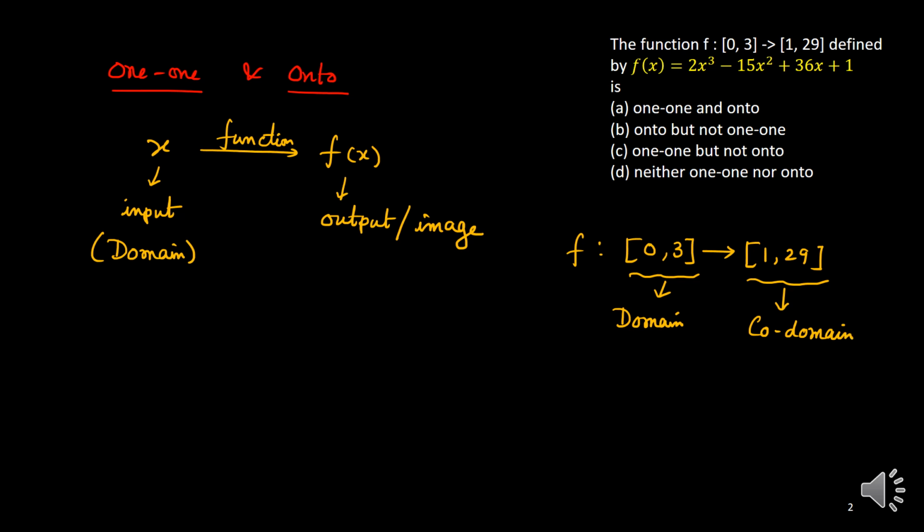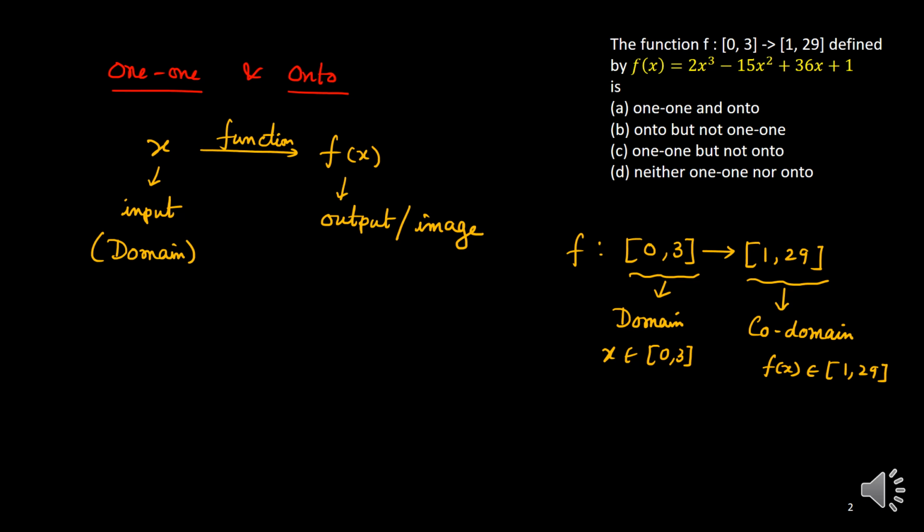So these two are given. The domain is given, x is varying. Here x is varying within 0 to 3, and here the function value f of x will vary from 1 to 29. So this is the main thing, the domain and codomain. Now here we need to understand basically how it is mapped. So for onto and 1-1, these two things we need to discuss.